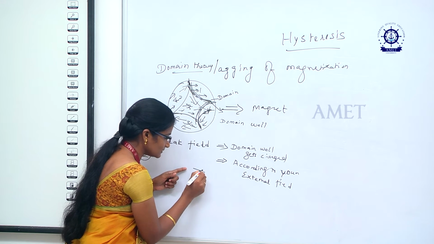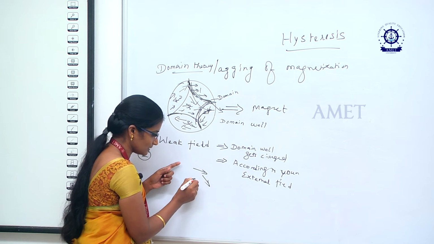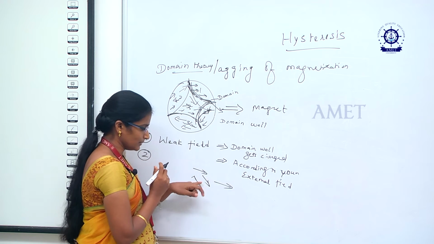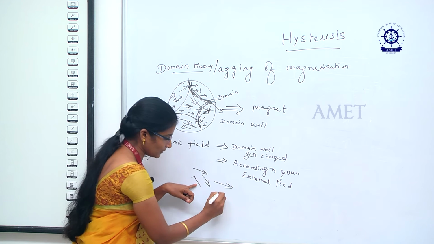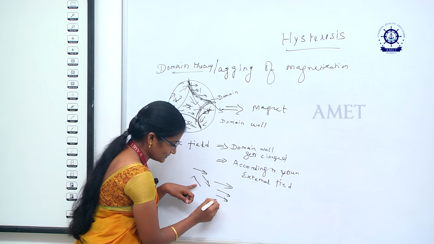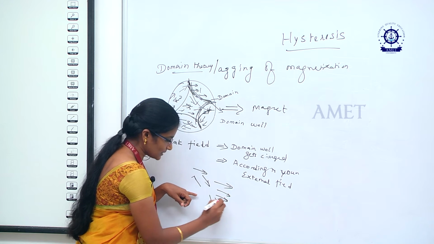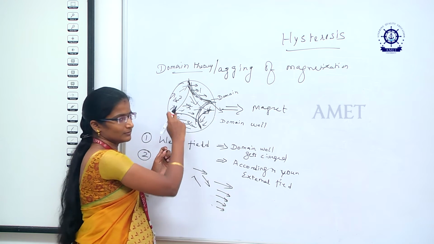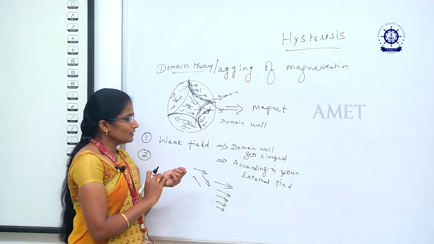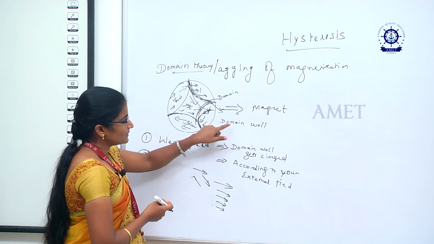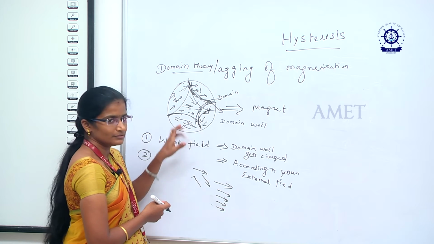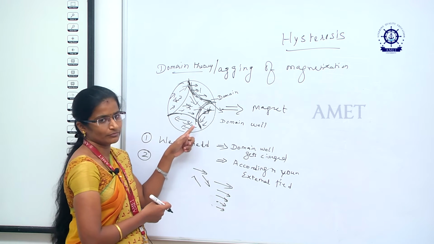Suppose initially the spins have a direction like this or like this. We apply a field in this direction, so they change their direction according to your field. So at the end of the domain wall change, some of the spins in the domain change their direction according to your field.